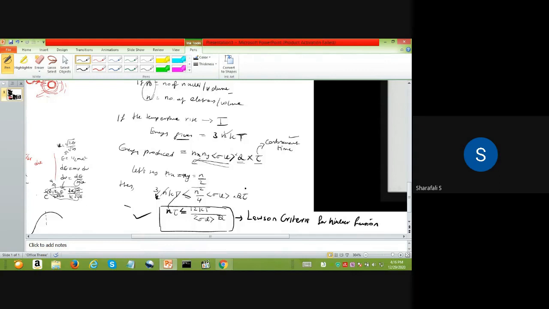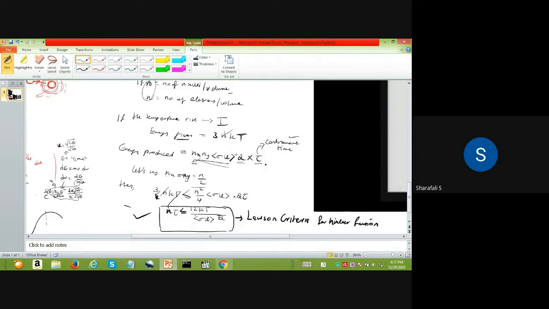If this condition is not valid, then we will be providing more energy to the system to bring the temperature into the fusion range. We are increasing the temperature, so we are providing energy for that, but that energy will not be given back by the fusion reaction, so we will actually have a loss of energy.